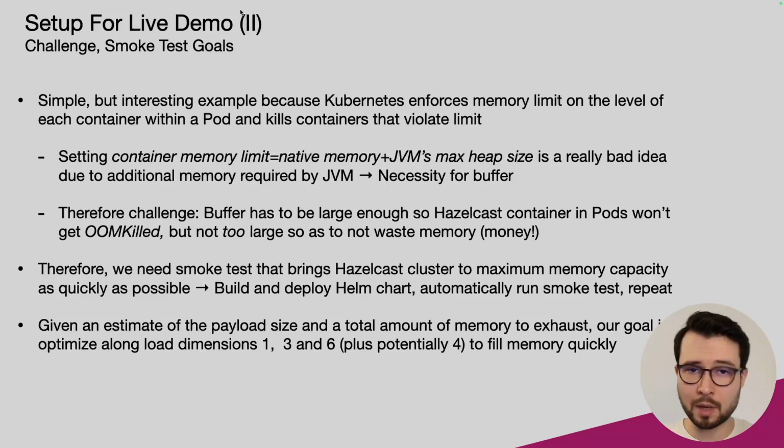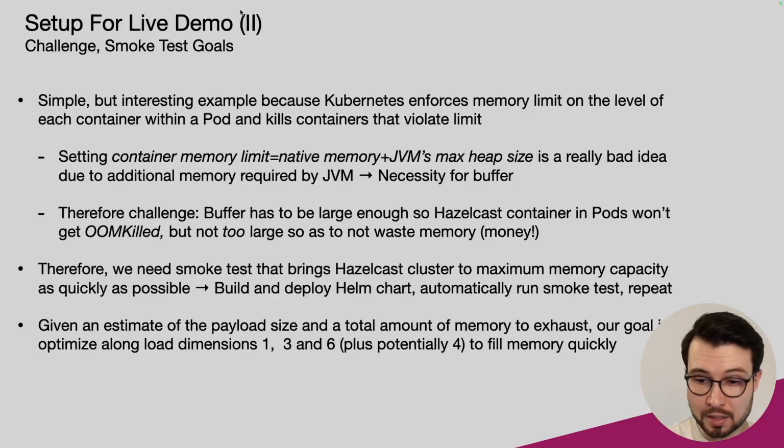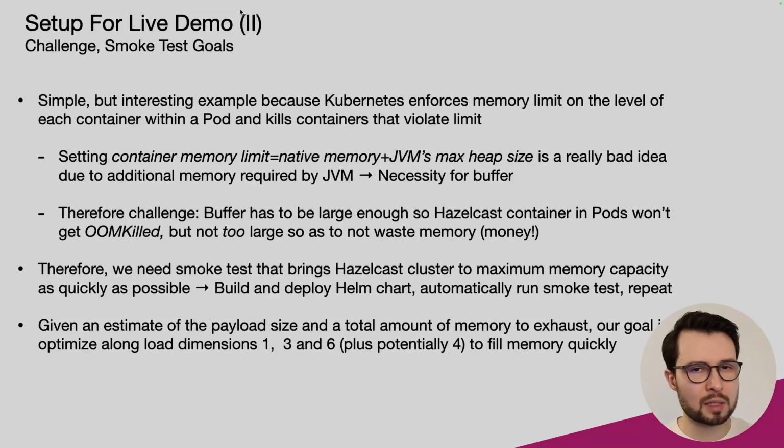If you have an estimation for the payload size that your Hazelcast clusters are likely going to face in production on one hand, and on the other, know the total amount of memory to exhaust in your target Hazelcast cluster, that is not the target Hazelcast cluster in production, but the one that is spawned by your release candidate, then the goal at first is to optimize along load dimensions 1, 3, and 6.